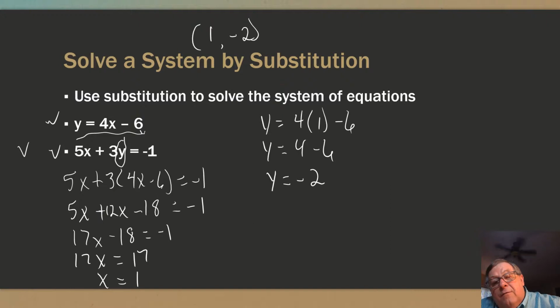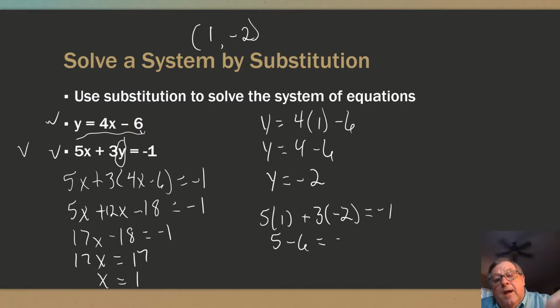I've got 5 times 1 plus 3 times -2, and we're hoping that's going to equal -1. Well, 5 times 1 is 5, and 3 times -2 is -6. And 5 minus 6 is in fact -1, and so -1 does equal -1. And so that is a true solution.